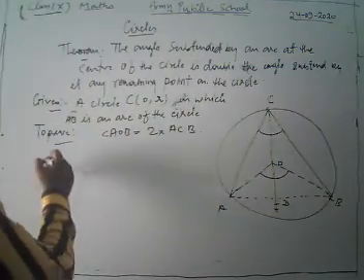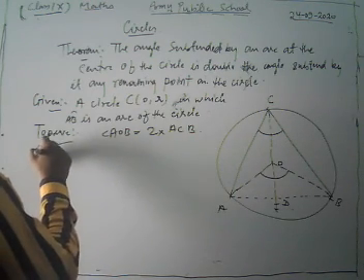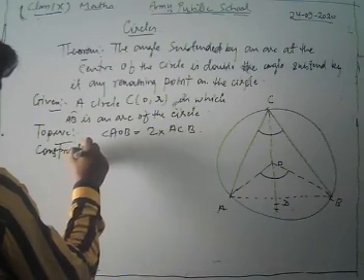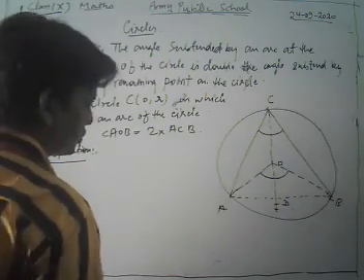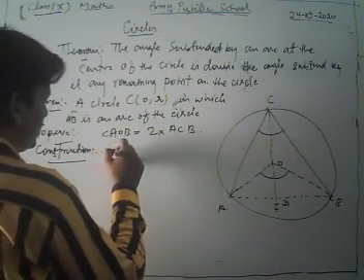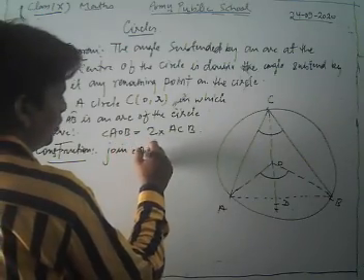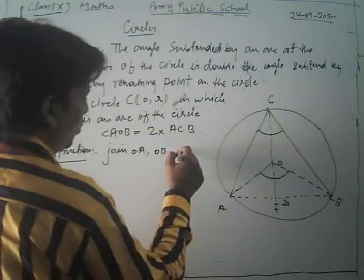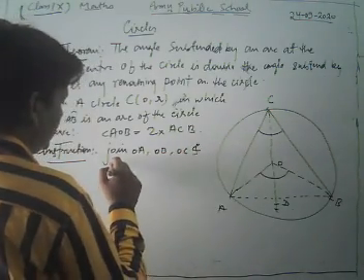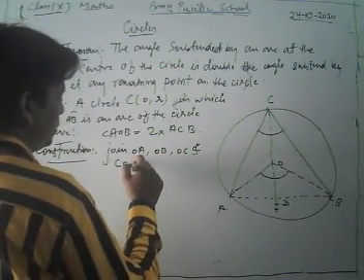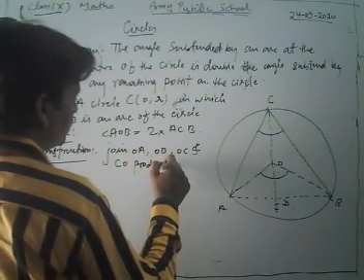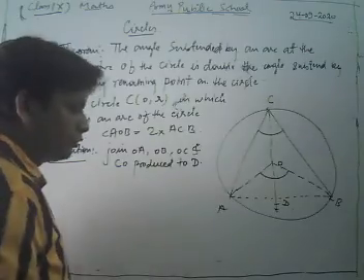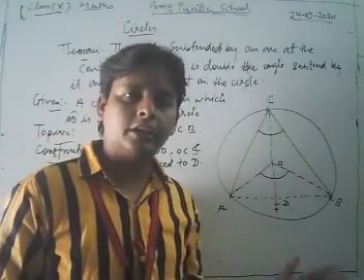Now we write the construction. Dear students, in the construction we join OA, OB, OC, and produce CO to D. We have to do this construction in that figure.